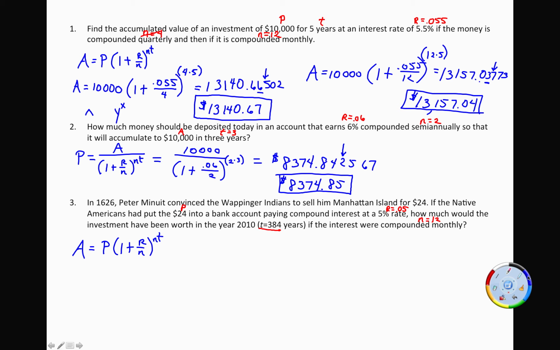So I should have everything I need to plug in here and find out that P is 24, 1 plus 0.05 for the R, over N, which is 12, to the 12 times 384 years.